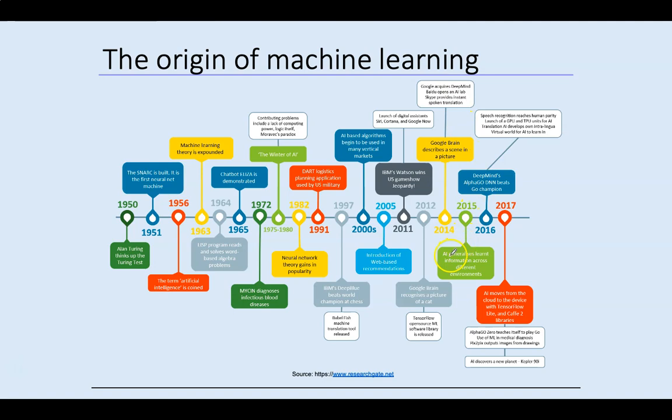In 2015, AI generalized learned information across different environments. In 2016, DeepMind's AlphaGo beat the champion. And in 2017, Google made libraries like TensorFlow open source, and many other libraries for deep learning and machine learning came, creating huge possibilities. So this is the origin of machine learning.